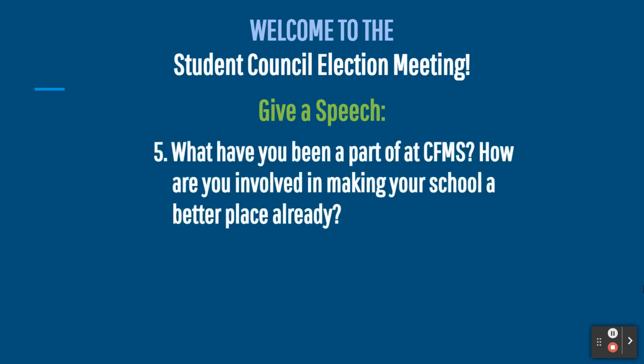So when you give a speech, you might want to talk about what you've been a part of at CFMS. How have you already been involved in making your school a better place? That could be clubs, teams, extracurriculars, or things in the classroom.